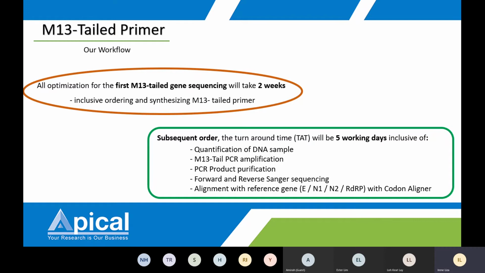Following that, we will do a purification, forward and reverse Sanger sequencing, as well as alignment with the reference. So we'll have an alignment of the reference gene, which the customer or you will provide us. We will align back with the E gene, RDRP, N1, N2, and then we will do a codon analysis, and we submit the results to you.